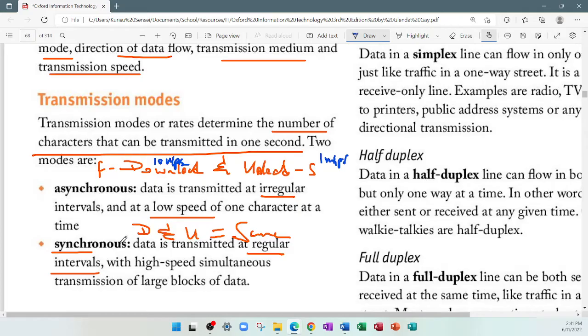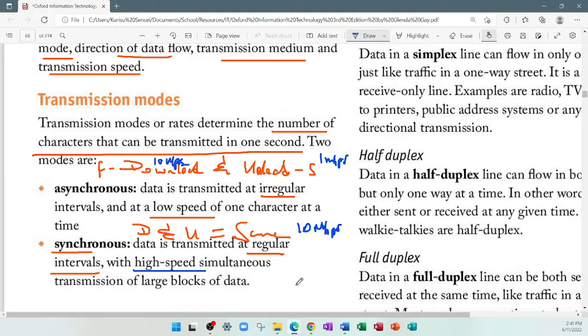But for synchronous, if you have 10 megabits for your download, it's going to be the same 10 megabits for your upload. So it gives us a much higher transmission of data. So that's the difference between those two transmission modes.